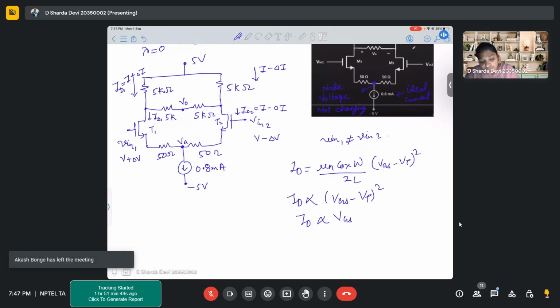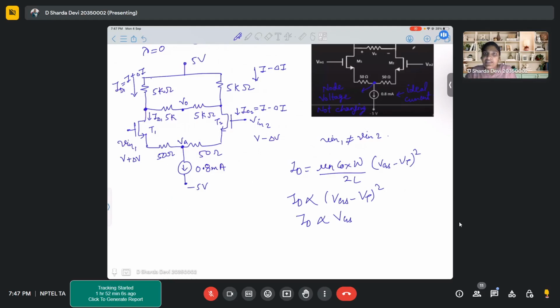There are two different behaviors going on in both the half circuits, right? In this half circuit, the current has increased. In this half circuit, the current has reduced. But if you observe very carefully, these two resistors are in series.